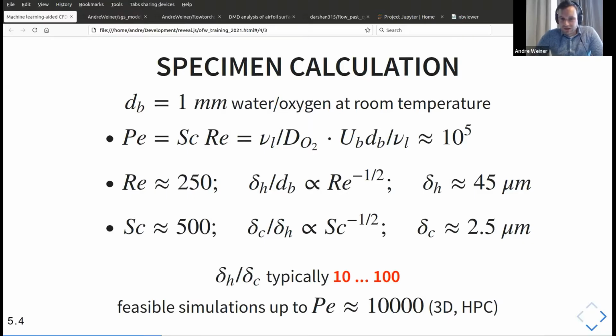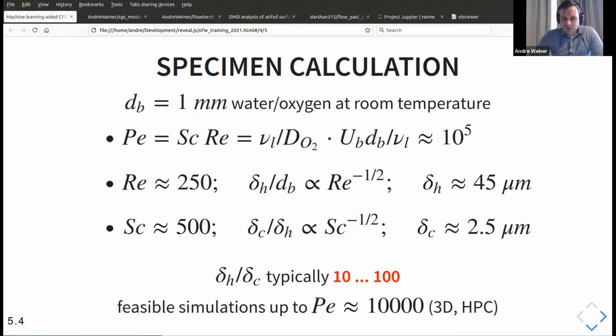Now, if you compute the average thickness of the flow boundary layer, you get something like 45 microns, which is already about 20 times smaller than the bubble diameter. On the other hand, the species concentration boundary layer is again much thinner than the flow boundary layer, by a factor of about 10 to 100 or even more.